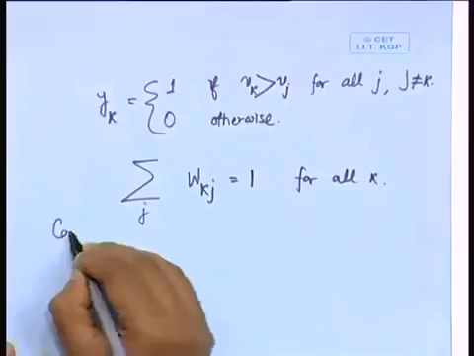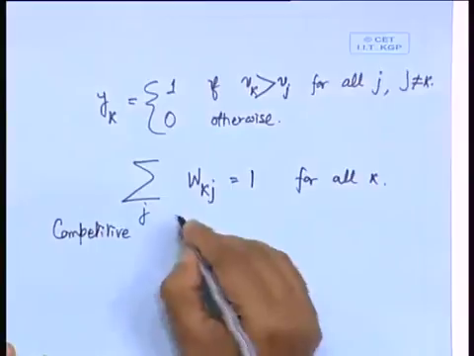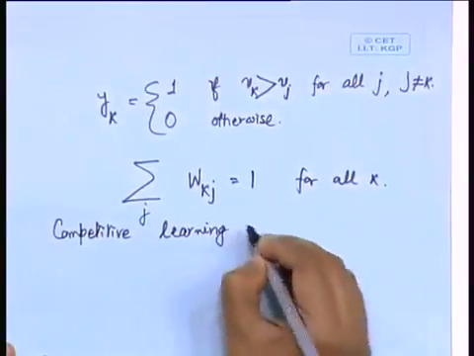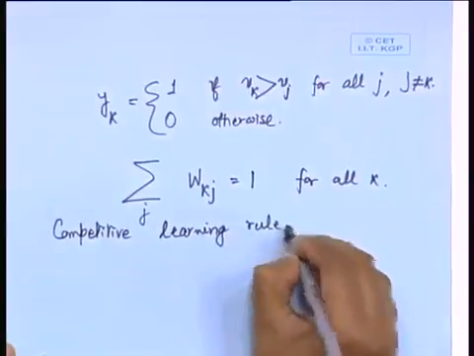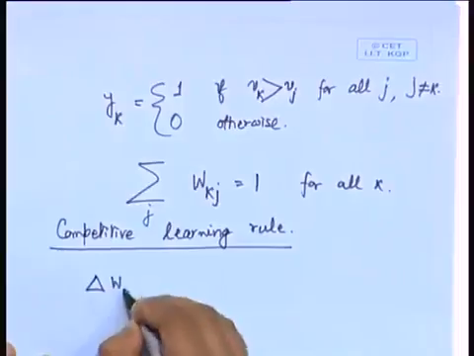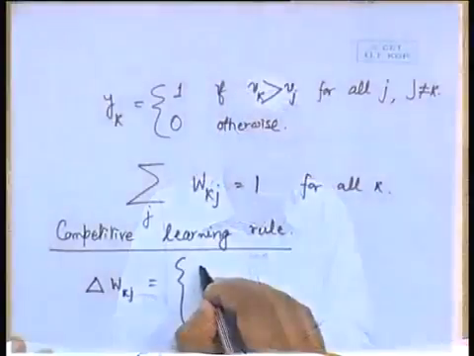And now, we are going to define the competitive learning rule. Every learning mechanism has got a learning rule, which we have understood by now. The competitive learning rule states that delta Wkj, meaning how much change of weight you are going to make, is pretty simple.